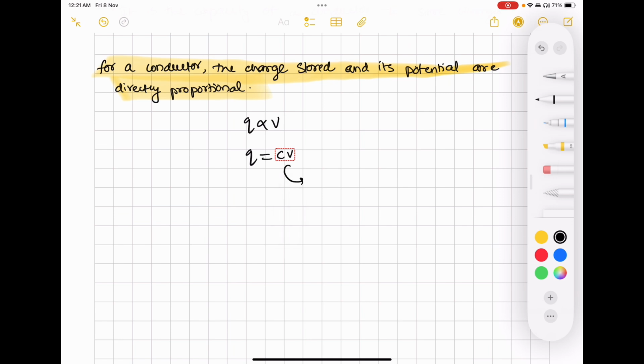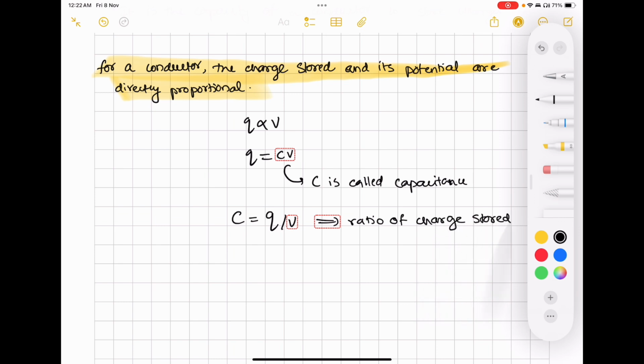We can write C is equal to Q by V. So we can define C as the ratio of charge stored in the conductor to the rise in potential.